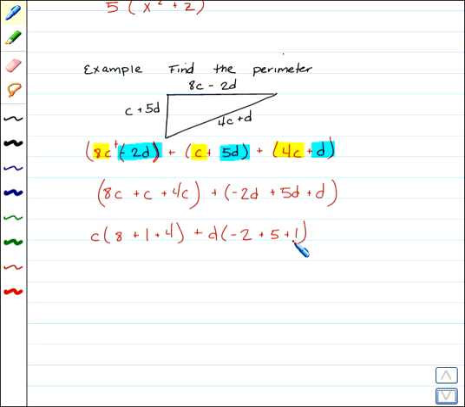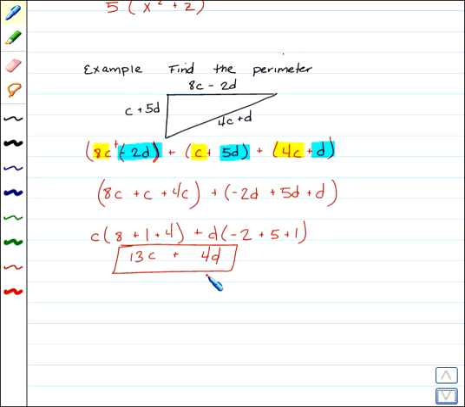So now we just combine our like terms. So this is going to be 9 and 13. So this is 13 times c, plus this is going to be 3 plus 1 is 4, so 4d. So our perimeter of our figure is simplified to 13c plus 4d.